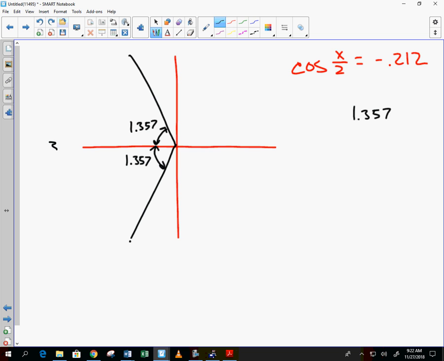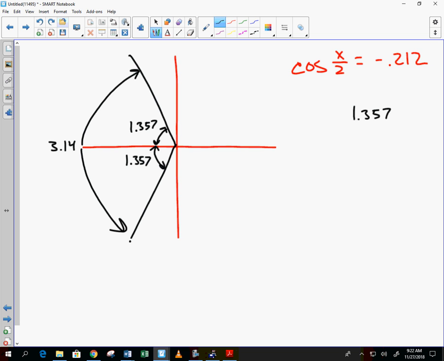Well, this radian measurement right here is 3.14. So I have to find that angle there and this angle here. In order to come up with this angle, I subtract off the 1.357. And in order to come up with this angle, I add on the 1.357.